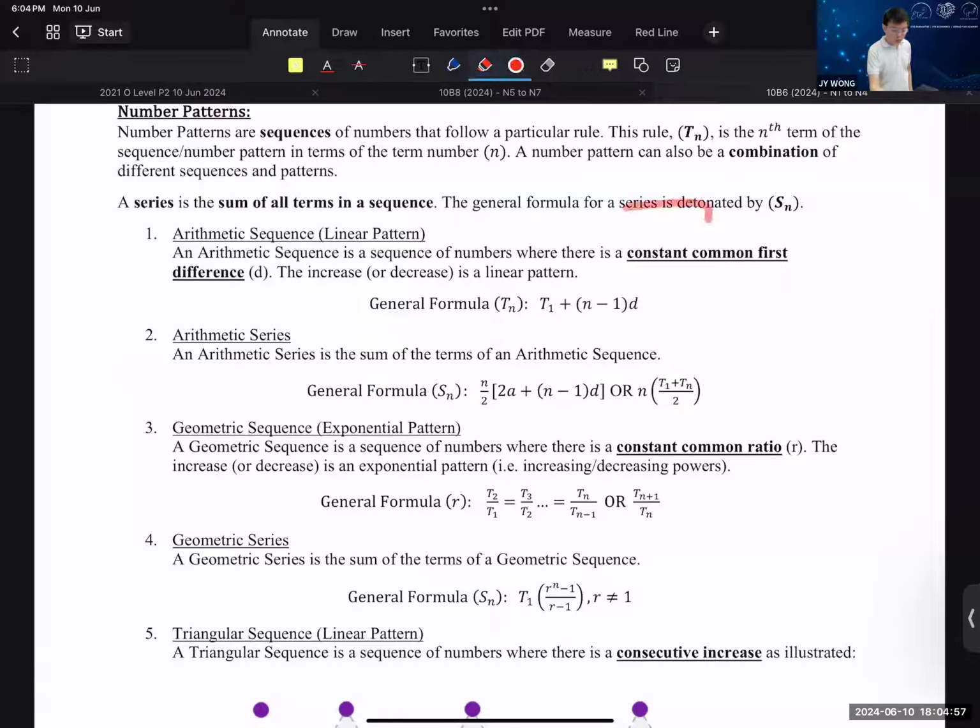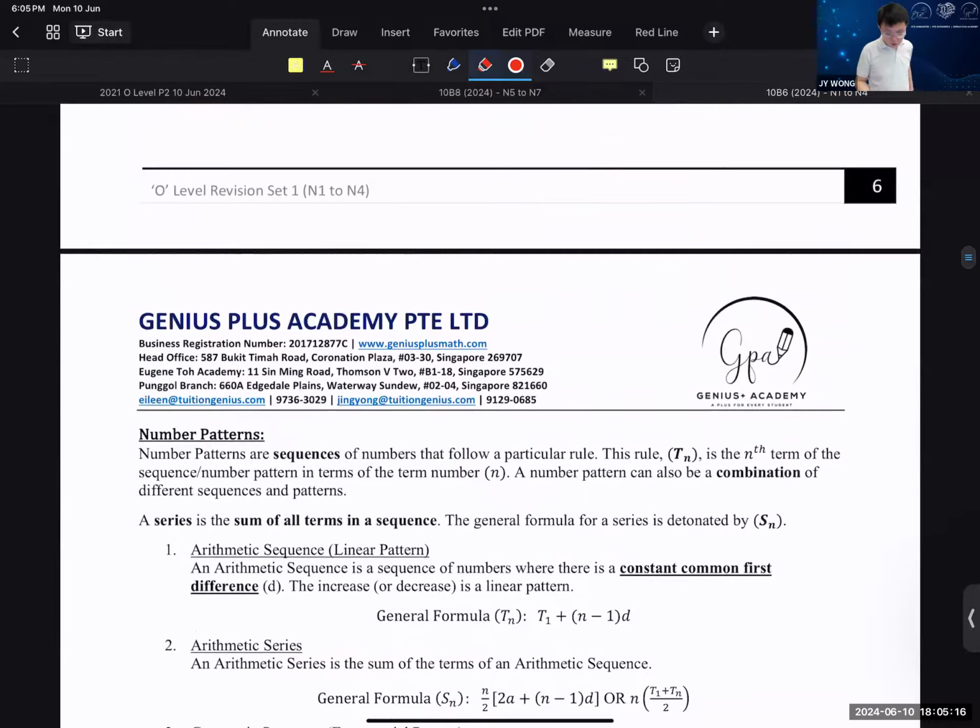So this is the general formula for this pattern. It's your constant difference pattern. Okay. So if you look at the formula, Tn is equal to T1 plus n minus 1 times constant difference. Which set? This is your 10b6, N1 to N4.